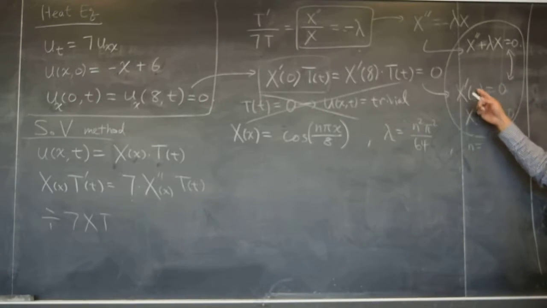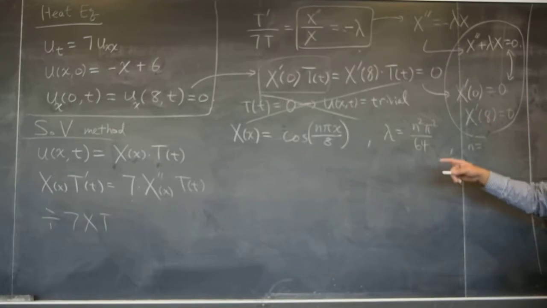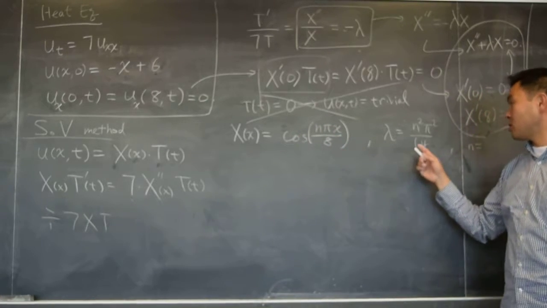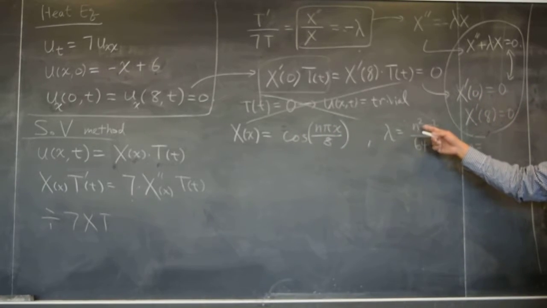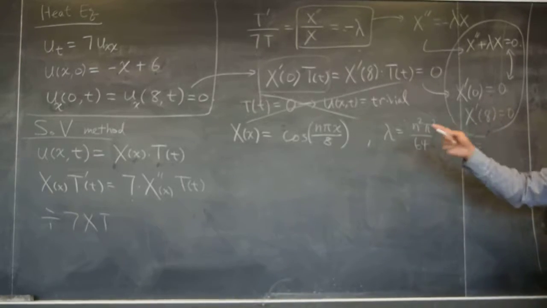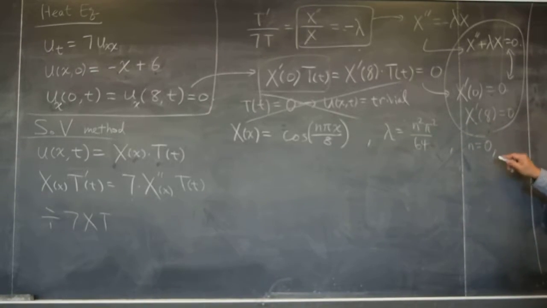When you had X of 0 equal to 0 instead of X prime of 0, in that case the eigenfunctions were sine of n pi x over 8 with lambda the same, but n should start with 1. That's what we found out for the sine case. For the cosine case, we have n starting from 0. So n equals 0, 1, 2, and so on.